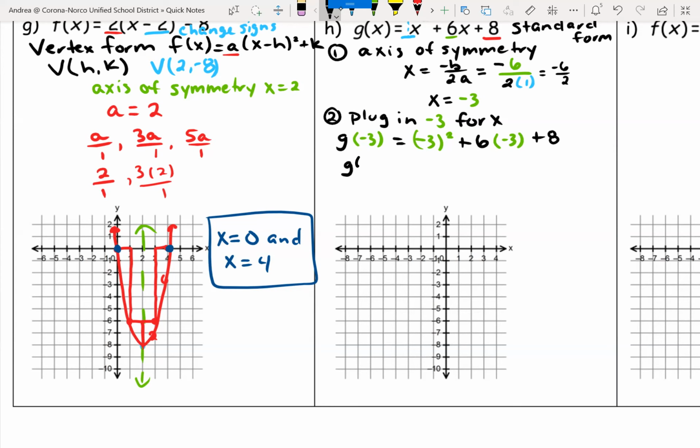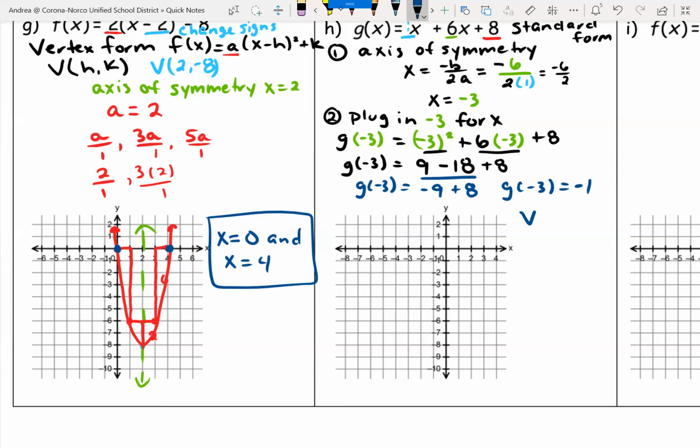So g of negative 3 equals negative 3 squared is 9. 6 times negative 3 is negative 18, plus 8. So g of negative 3 equals 9 and negative 18 is negative 9, plus 8. So g of negative 3 equals negative 1. So my vertex is negative 3, negative 1.